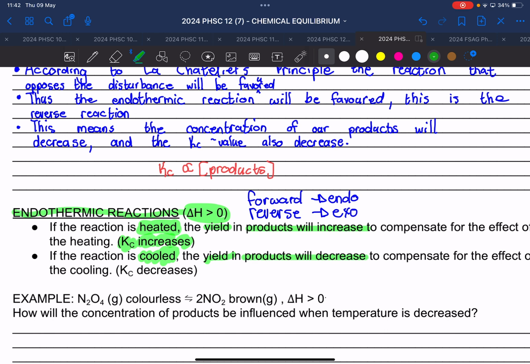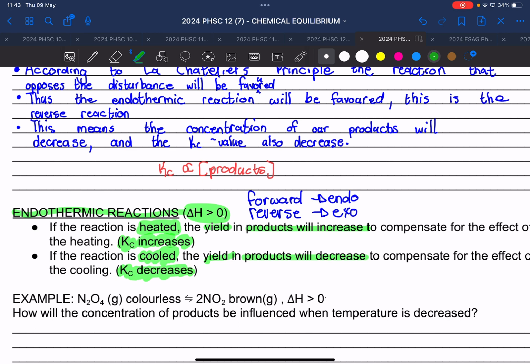We take temperature away, so the reaction wants to put temperature back. How does it do that? By favoring our exothermic reaction, which is our reverse reaction. So it takes the products and turns them back into reactants, and our Kc value will decrease.